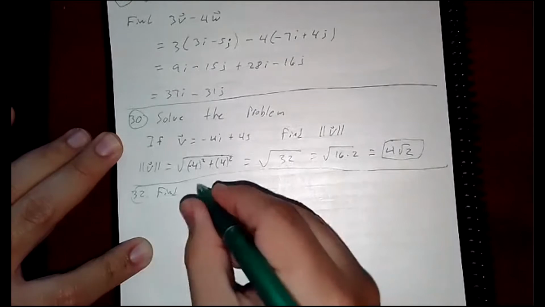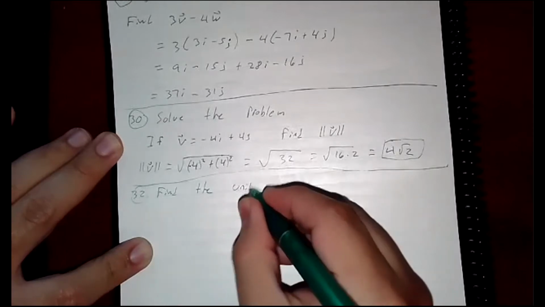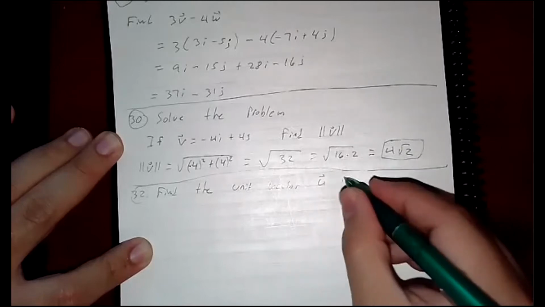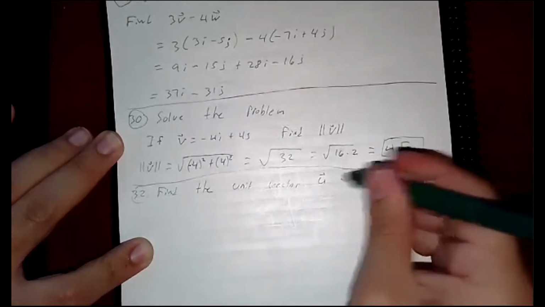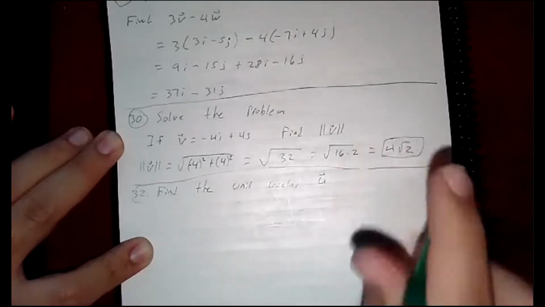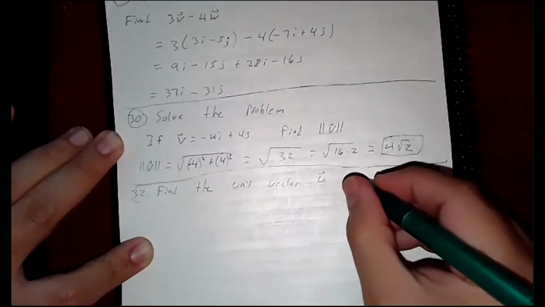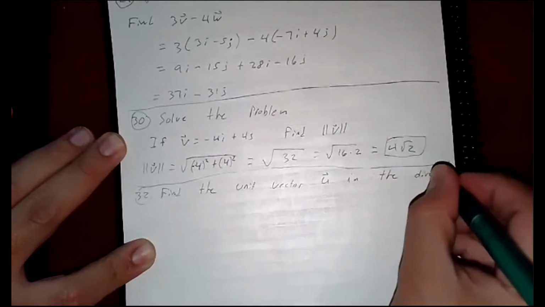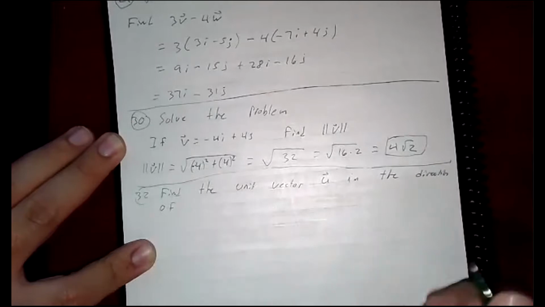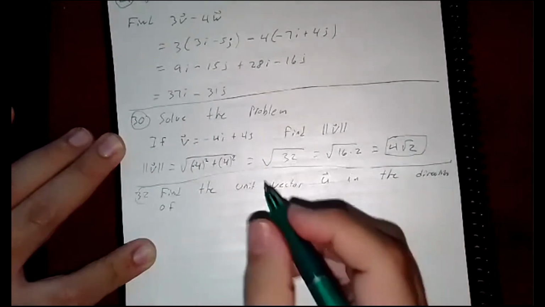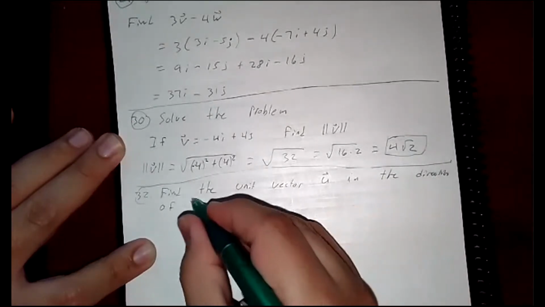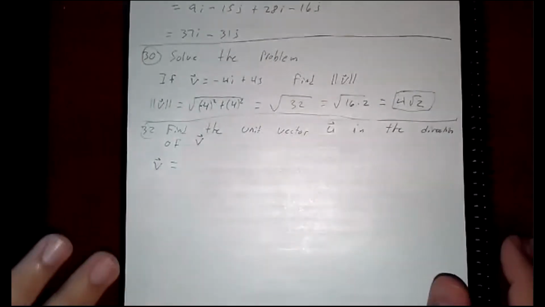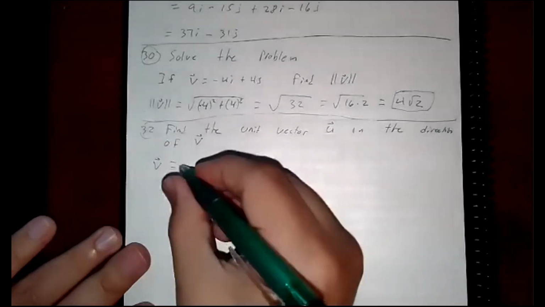Find the unit vector u in the direction of v. So here is v. V is 3i plus 4j.